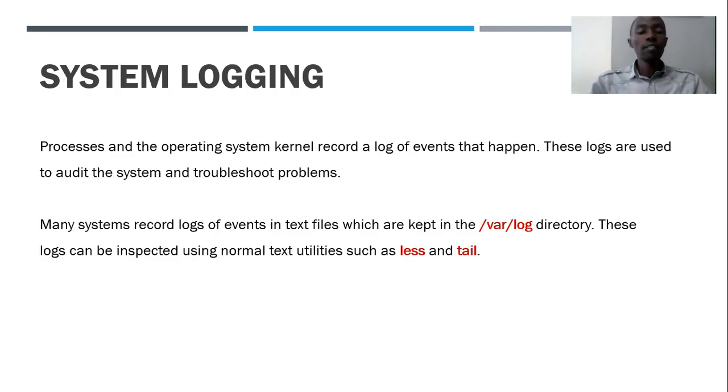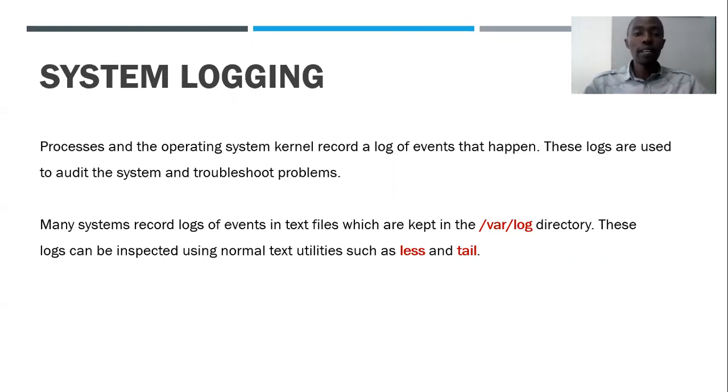Now, let's start from system logging. What does system logging entail? Remember, it's coming from logs, so it's logs related to the system. As far as the Red Hat operating system is concerned, we have system logging.